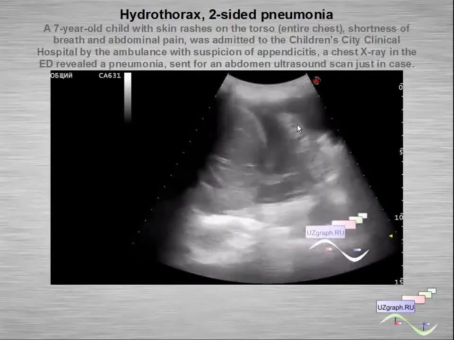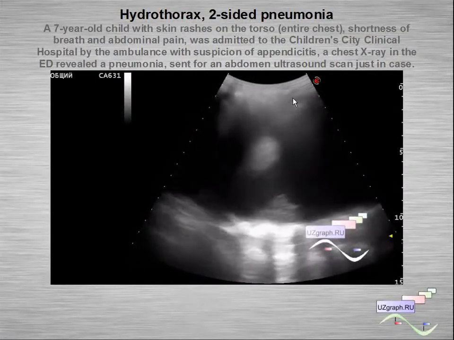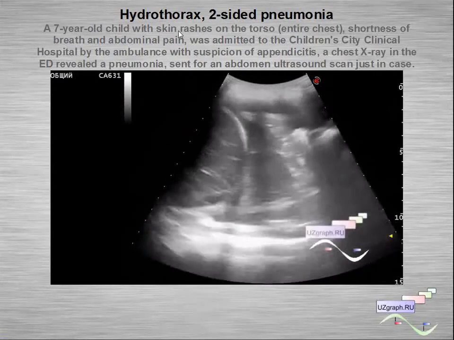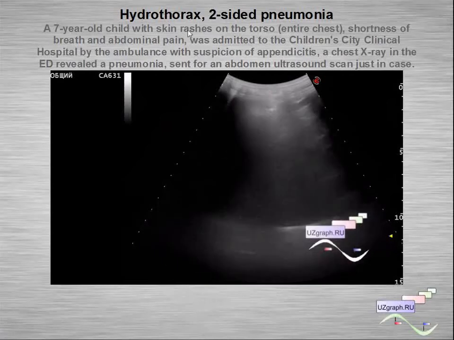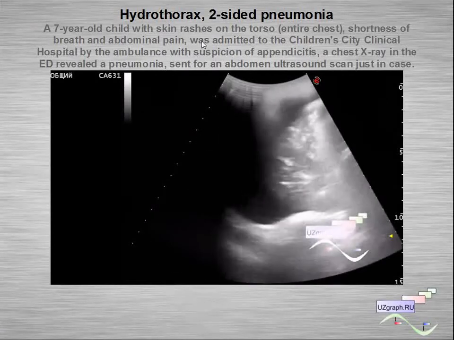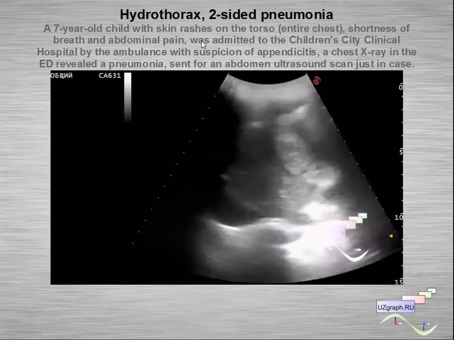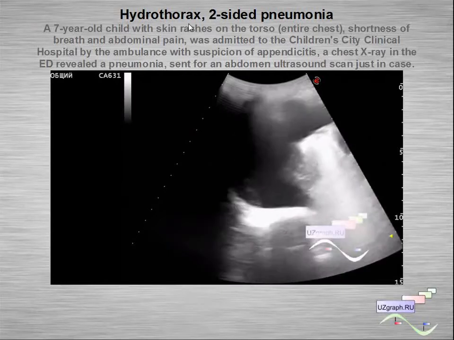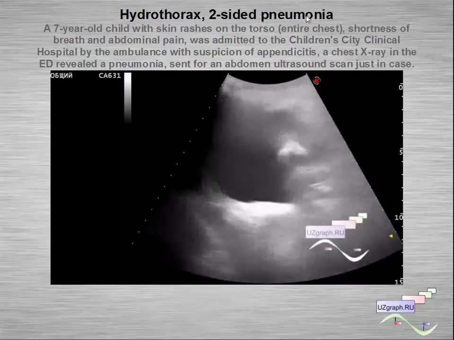Another child with suspicion of appendicitis, and there is no appendicitis here, only hydrothorax and pneumonia on both sides. It's a 7-year-old child.